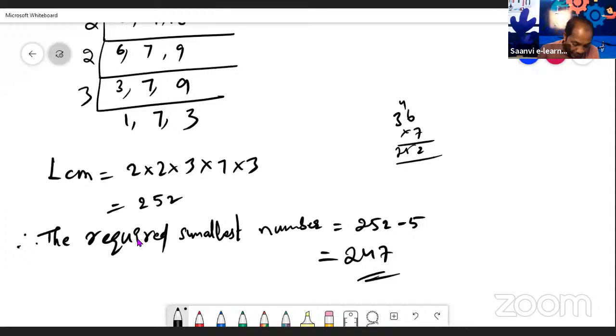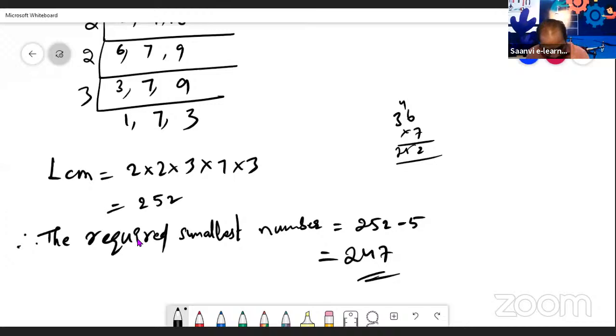Okay, children, all of you write the next question. Okay, 247 is the required smallest number.